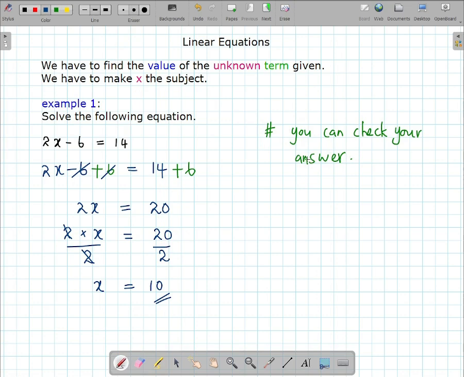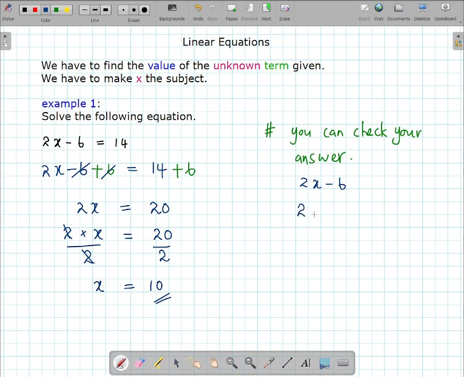How? You can go to the equation and check where you have the x term, that is on the left hand side. So you write left hand side, that is 2x minus 6, and you substitute the x value, that is x equals 10.